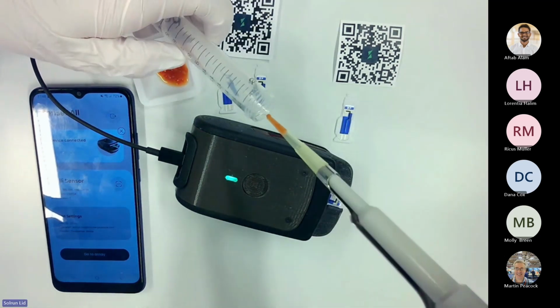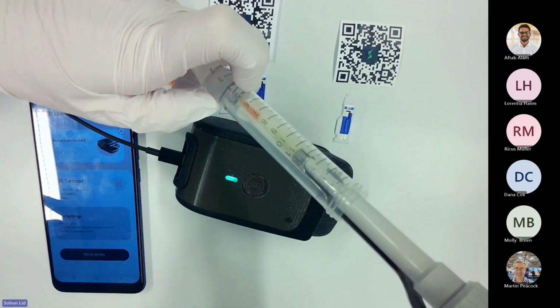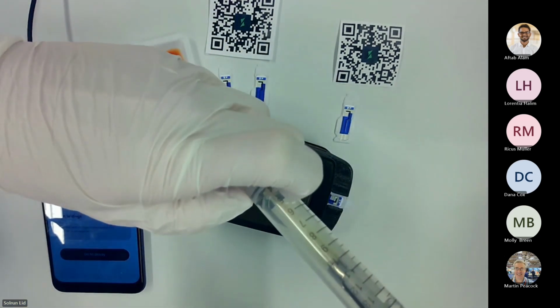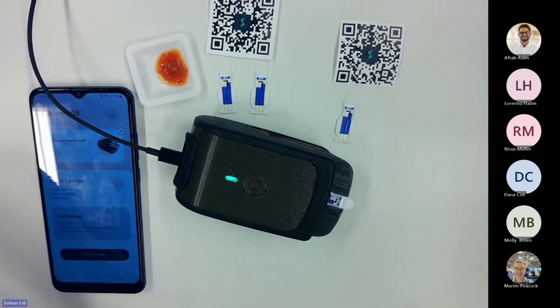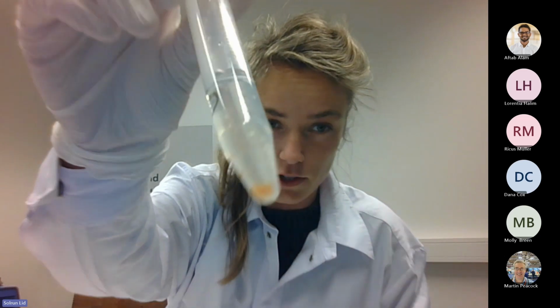All right, and then I will add it into the solution just like this, and mix it in. And again, I will just cheat a bit, and I will use the vortex just to mix it real well, because right now you can see that everything is falling to the bottom of the vial.